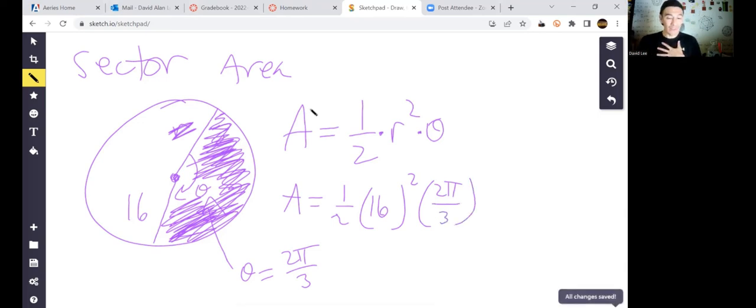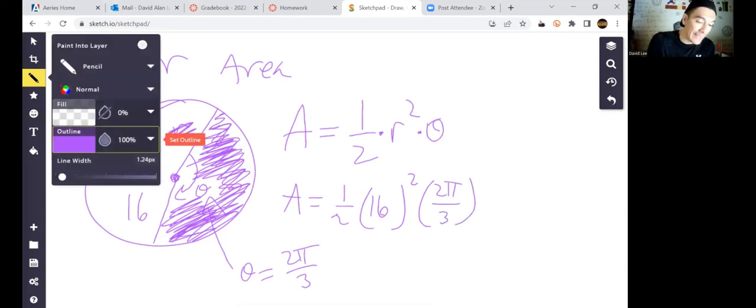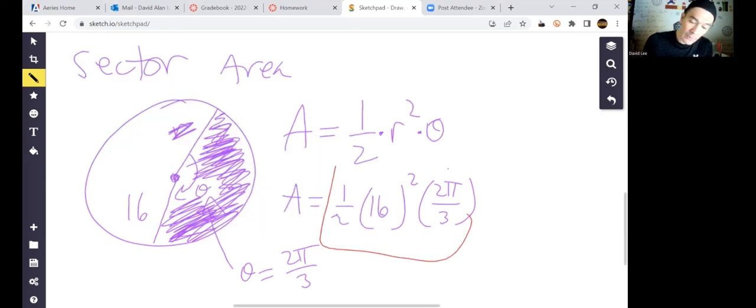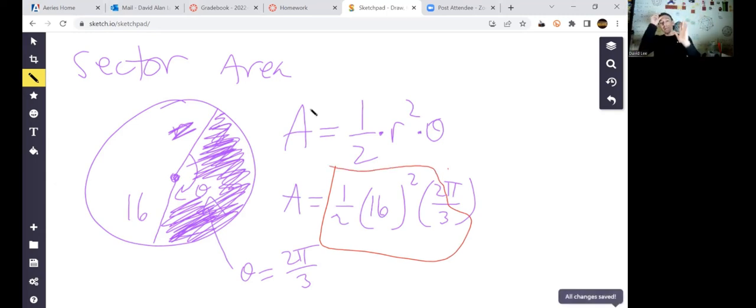And you know what I would do? Watch. In my calculator, I would type in only the red, very carefully. Just type in the red: 1/2 times 16 squared times the fraction 2/3.